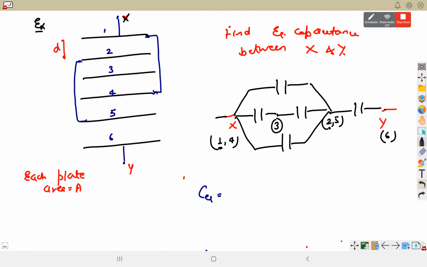Sir, is it 7 by 5C? कितना? 7 by 5C. 7 by 5 से या 5C by 7? Yes, sir, 5C by 7. सीरीज में ये गड़बड़ करते हैं एवरी टाइम. सीरीज में 5C by 7. So 5 by 7C. Yes, sir. 5 by 7, sir.